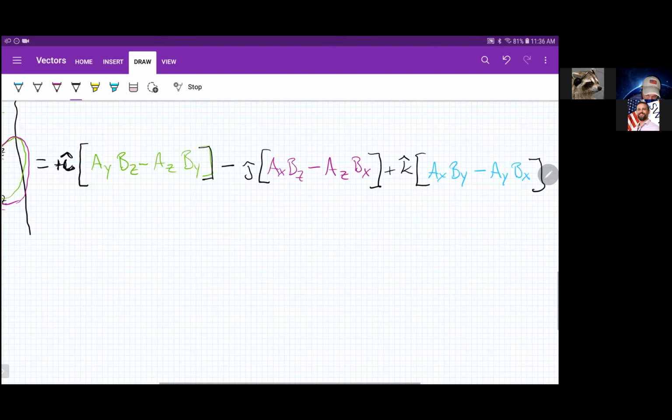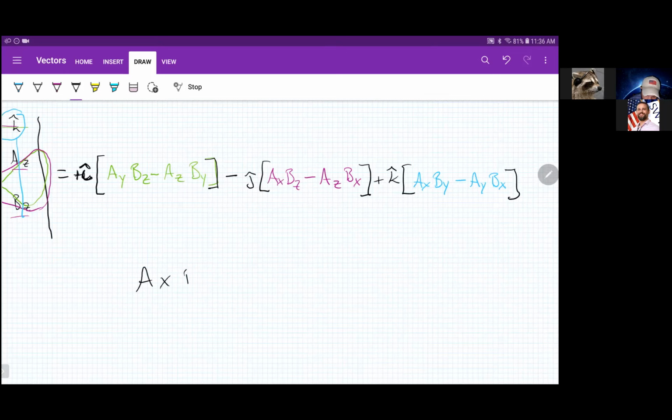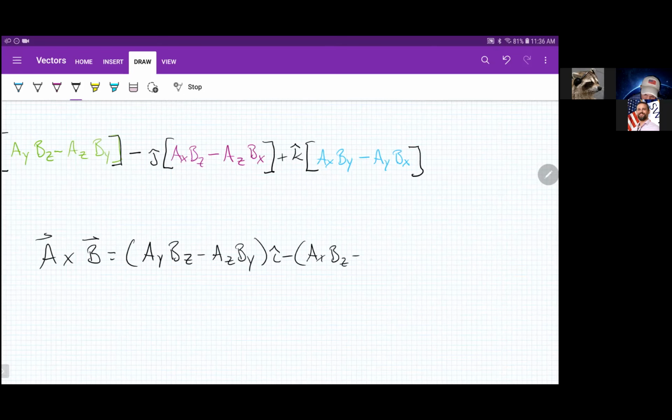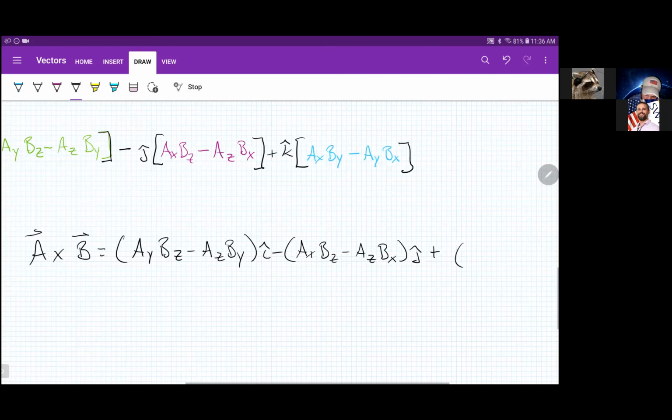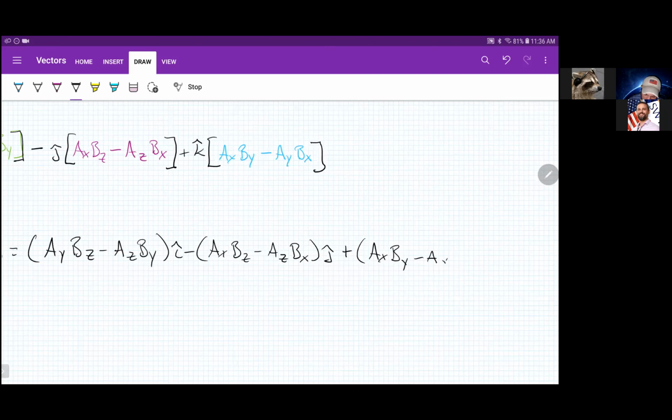That's what we write. So A cross B is equal to AYBZ minus AZBY I hat, minus AXBZ minus AZBX J hat, plus AXBY minus AYBX K hat.